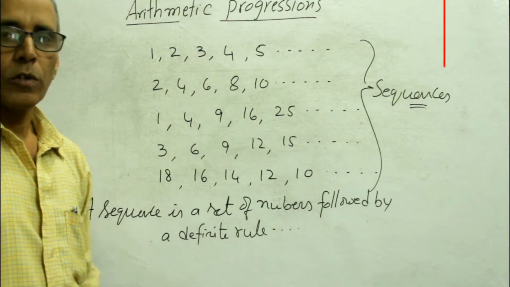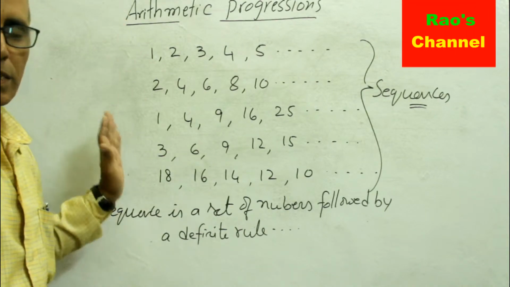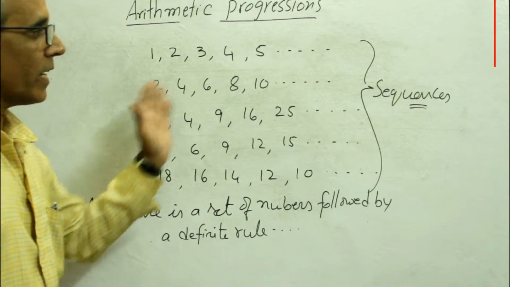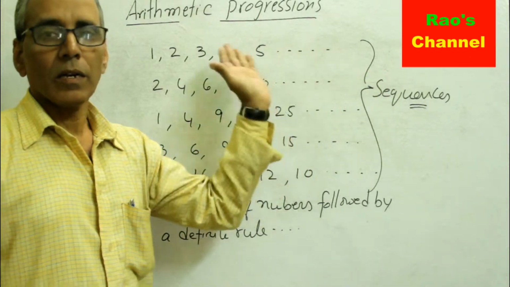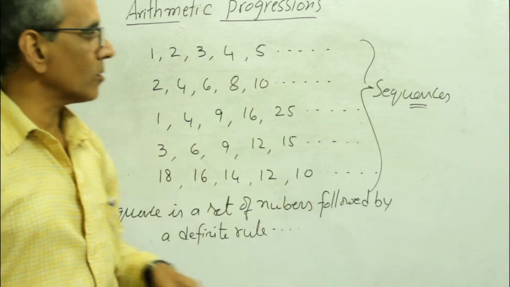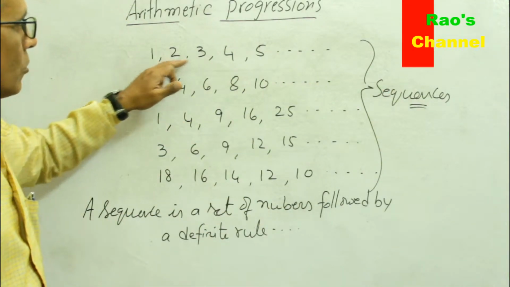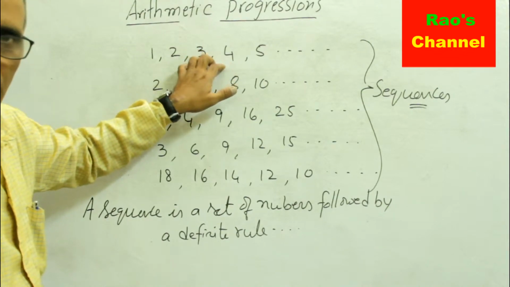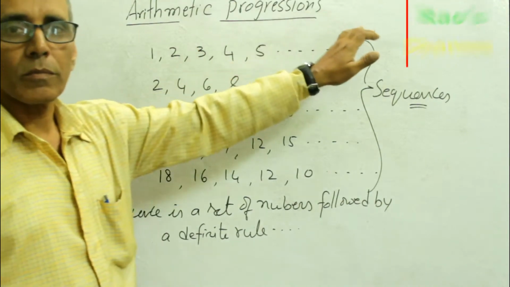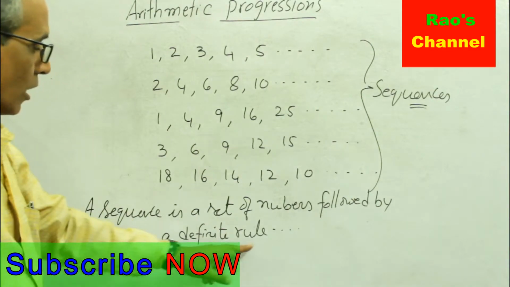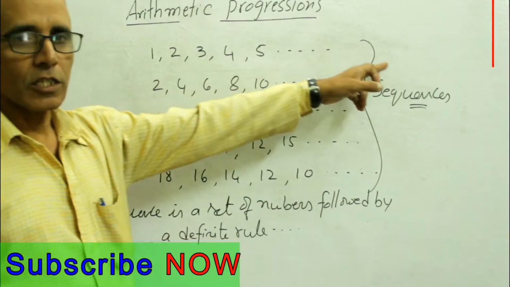If we derive a rule for each and every pattern here we described, we can write any number or any member in the series. Suppose in the series we have 1, 2, 3, 4, 5 terms in the sequence. What is the 10th term? If I derive a rule, I can write the 10th term.